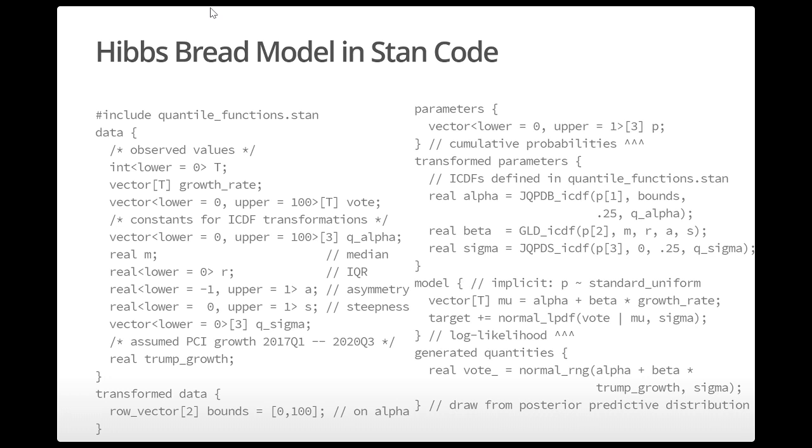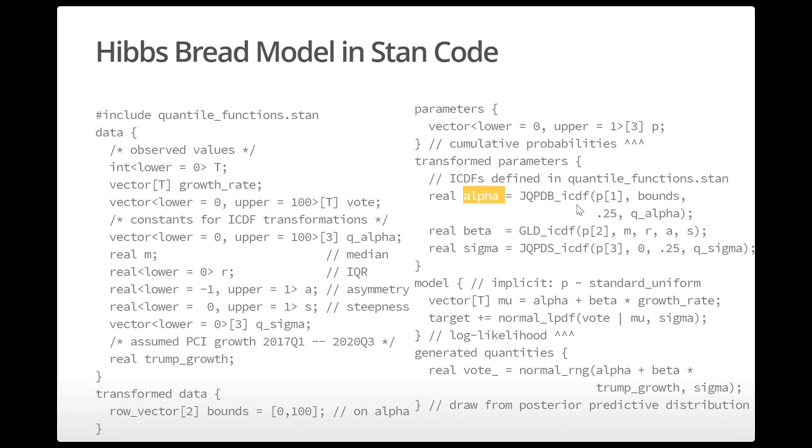Then in the parameters block, we declare a vector of 3 p's between 0 and 1, representing the cumulative probability of each of our parameters that we transform in the transformed parameters block using the inverse CDF functions that are defined in the external file that we #include, quantilefunctions.stan. So for alpha, we apply the inverse CDF for the bounded distribution using our quantiles.